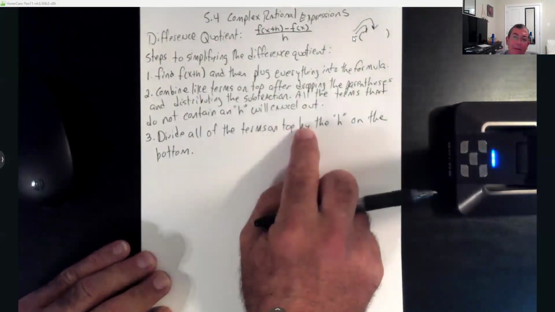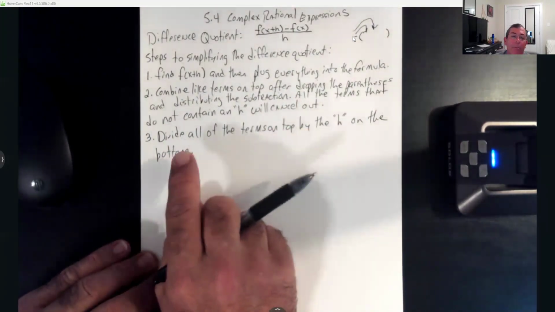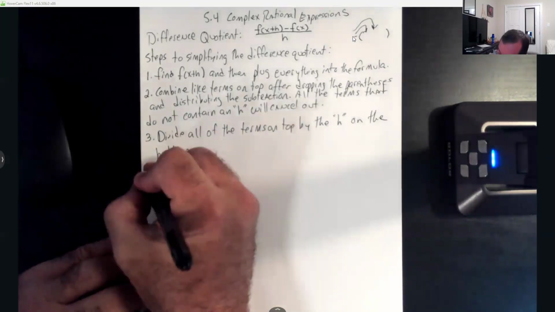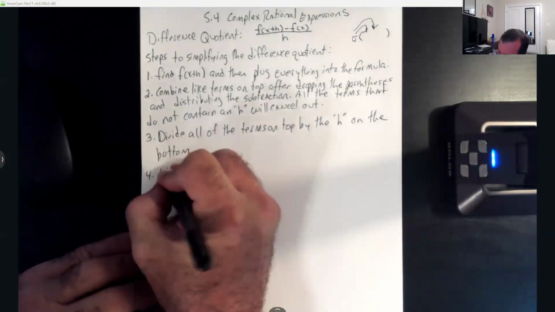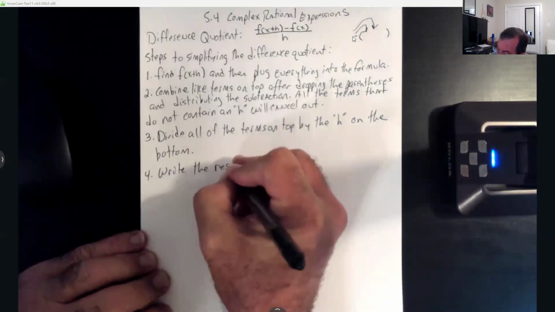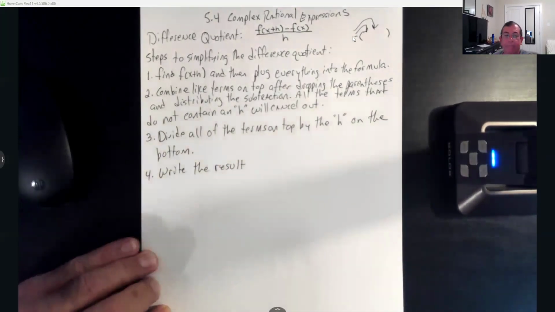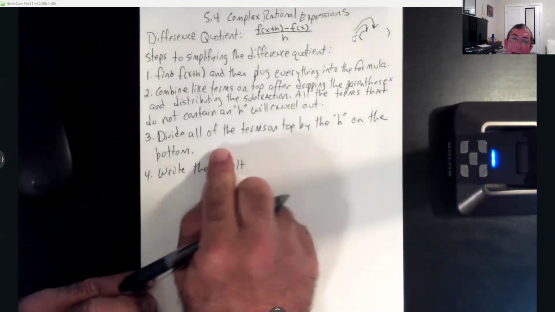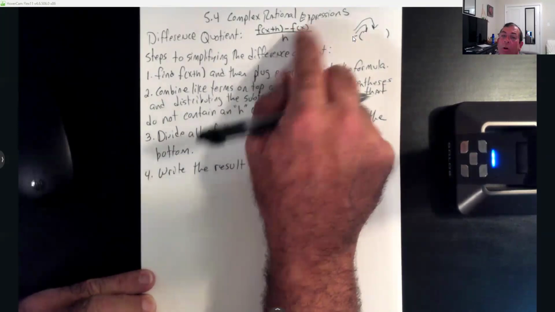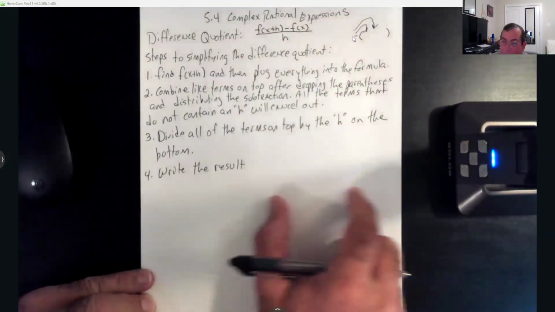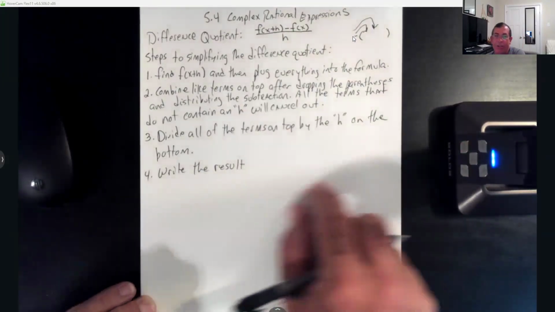So I'm going to divide everything on top by that h on the bottom, and y'all write that result. Okay? So after I do all this dividing, I won't have that h on the bottom no more because we're dividing it out. So all that'll be left is a straight line equation, okay?